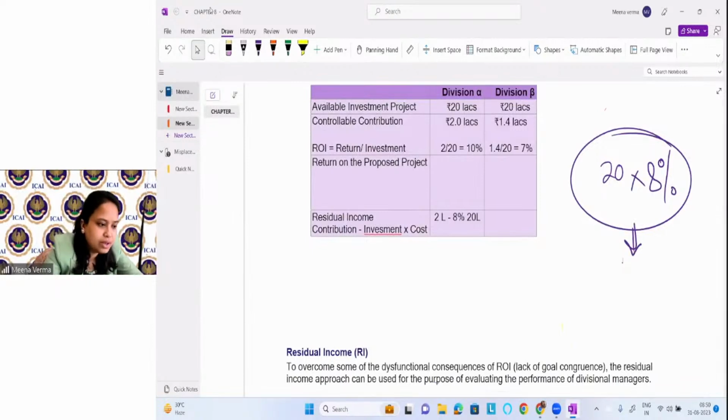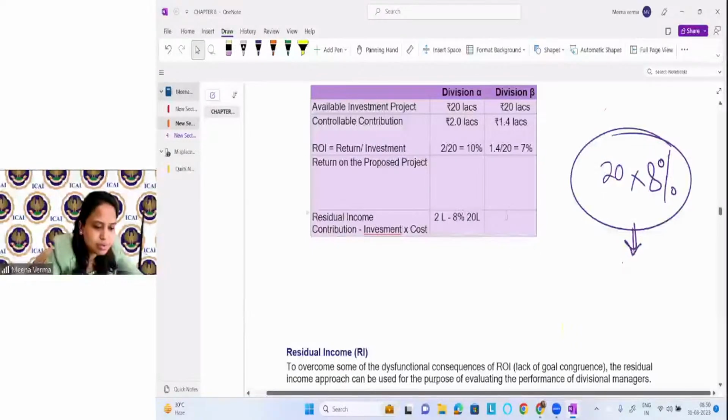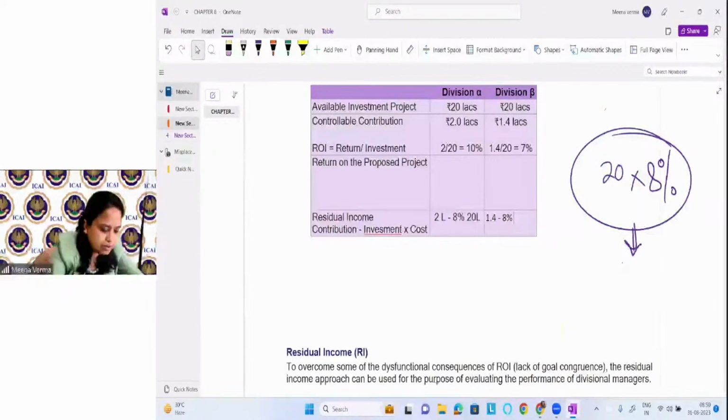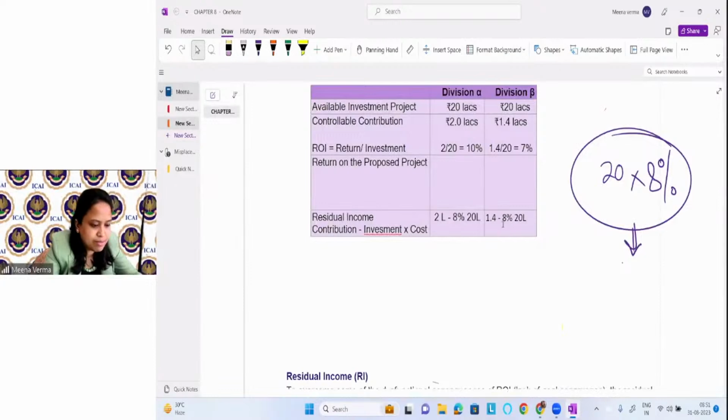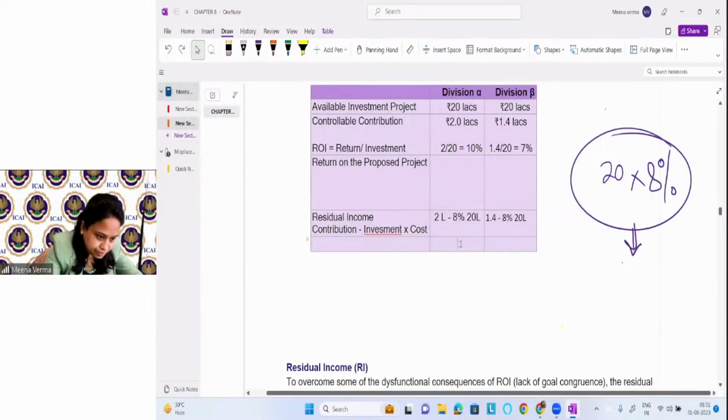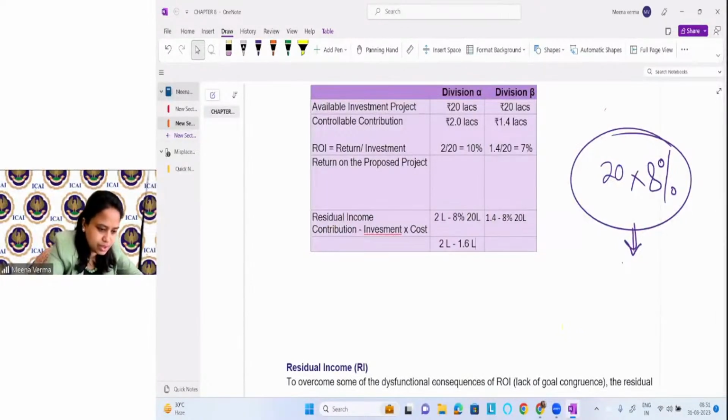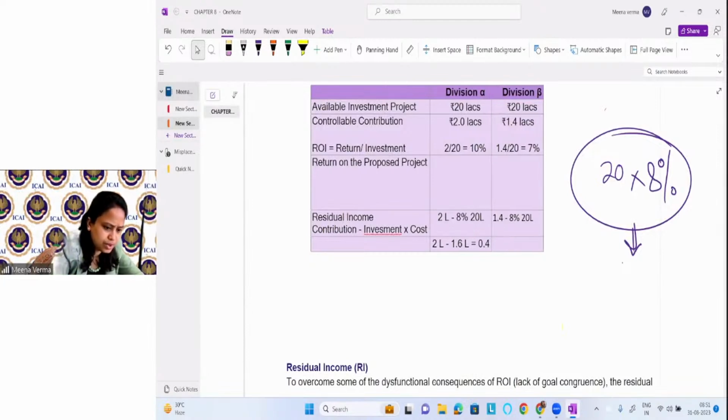Okay. And in this case, it is 1.4 lakh minus 8% of 20 lakh. So what is coming here? 2 lakh minus 1.6 lakh will give you 0.4 lakh.